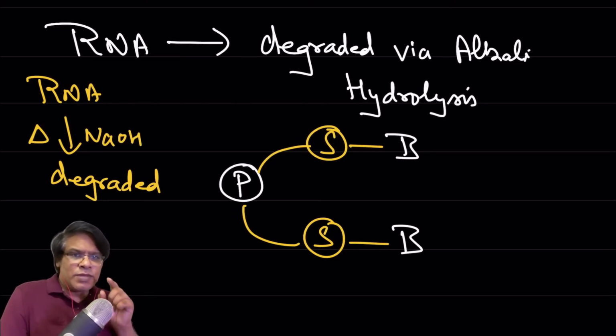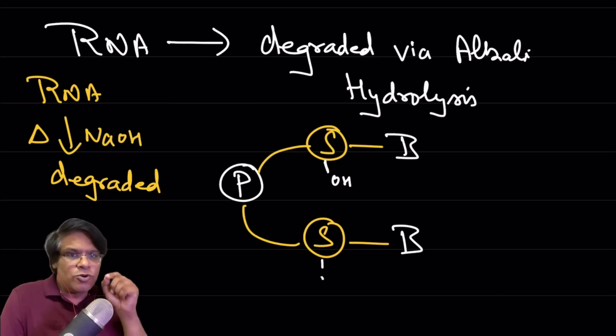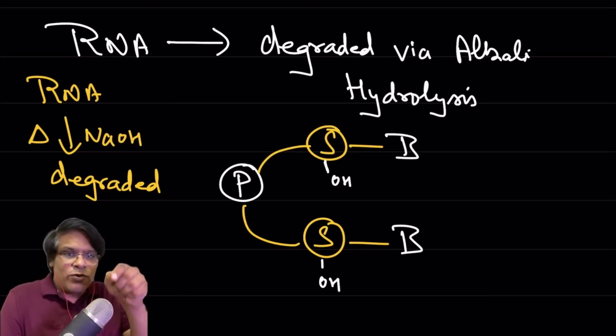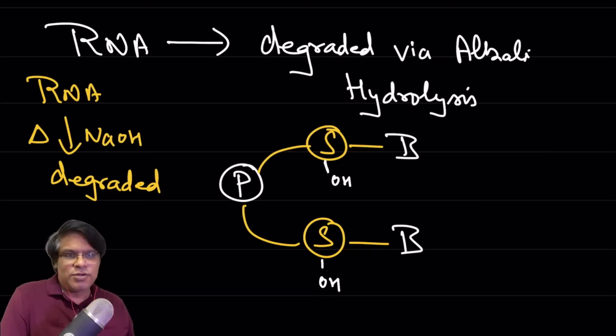Now here, in case of RNA, at the 2' position of the sugar, you have a hydroxyl group. So this hydroxyl group, which is present at the 2' position, will attack the phosphodiester linkage. What will be the result? The phosphodiester linkage will be broken. So RNA will be degraded in the presence of alkali, but nothing is going to happen to the DNA.